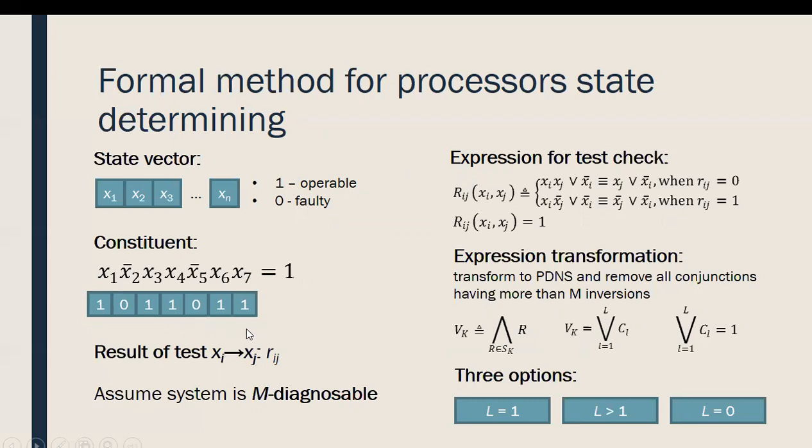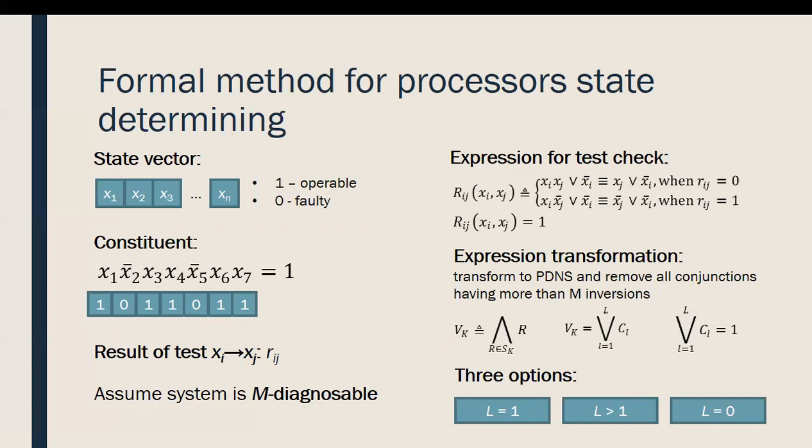We can build a constituent of 1, a conjunction containing all of the variables xi with inversions or without inversions, and each constituent corresponds to some state of the system, where variables without inversions correspond to operational processors, and variables with inversions correspond to faulty processors.